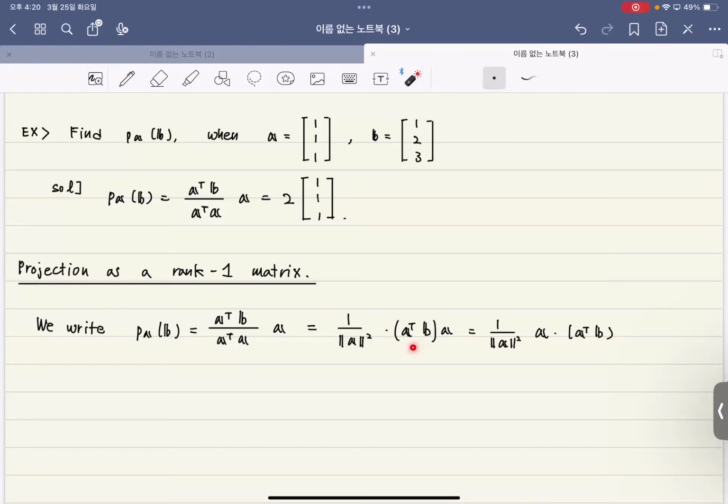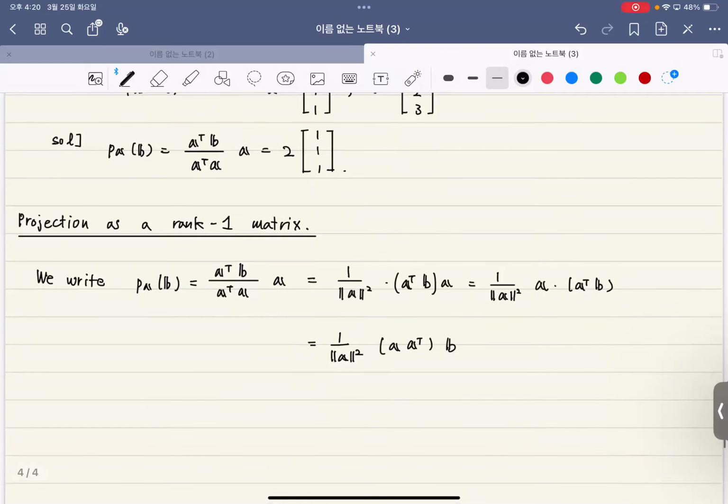A transpose B is merely a scalar number, so I can let it go all the way to the back. Also, matrix multiplication is associative, so it is A, A transpose, everything times B.